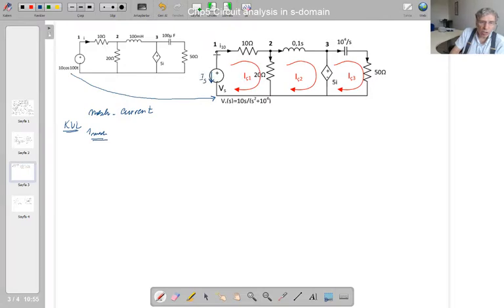Since the IS current direction is the opposite of the loop direction, it's going to be minus IS. Oh, I made a mistake. We are not writing a current equation, so that's a good mistake that I have done. It's good for you. You are writing a Kirchhoff voltage law equation. This is current. You cannot write that. So you're going to clear this.